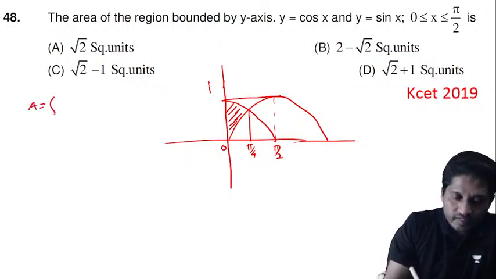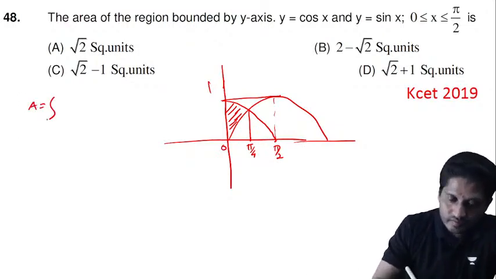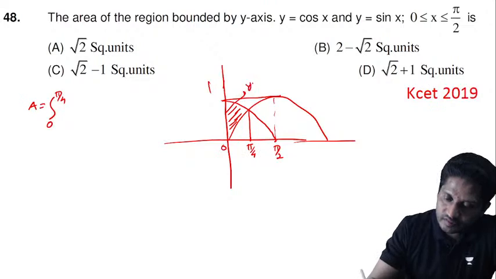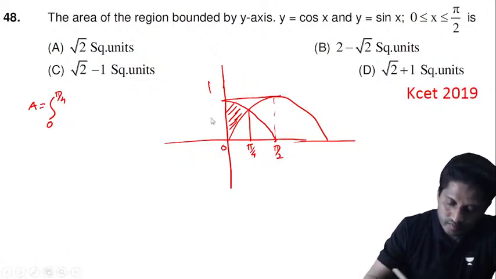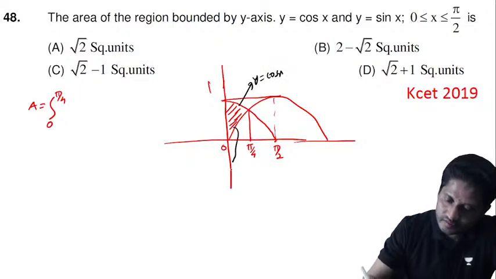I'll take area as equal to integration from 0 to pi by 4. This is cos x, and this curve is sin x.